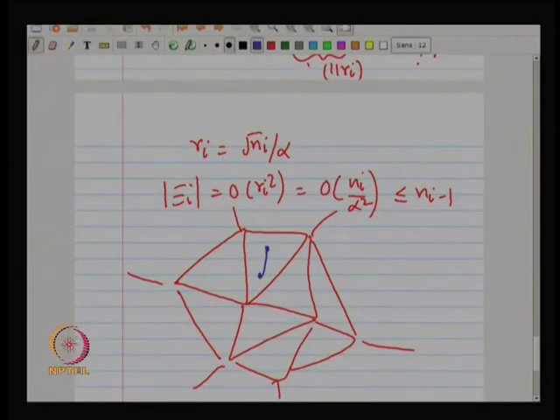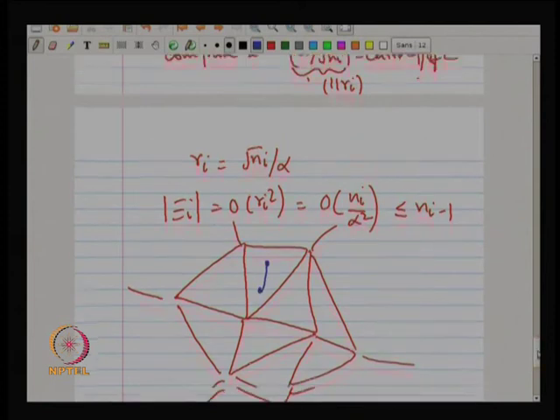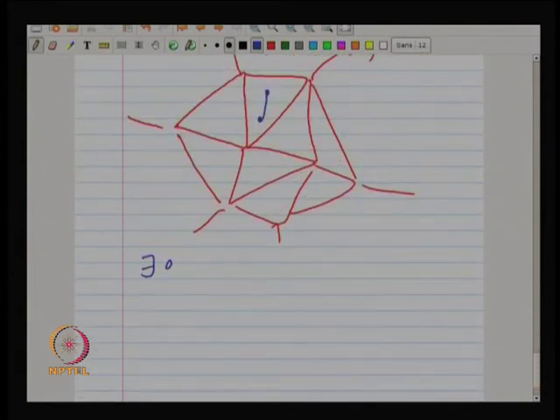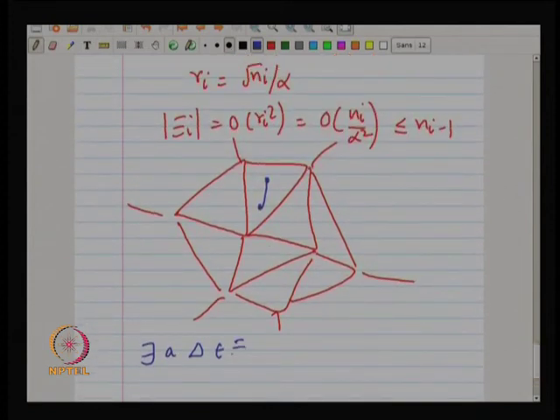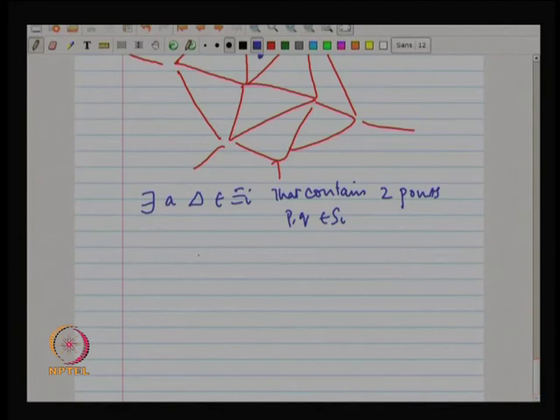All right. So you can add this edge to your spanning path. So there exists a triangle that contains 2 points, let us call them P and Q. So add the edge P Q. So that is the construction.